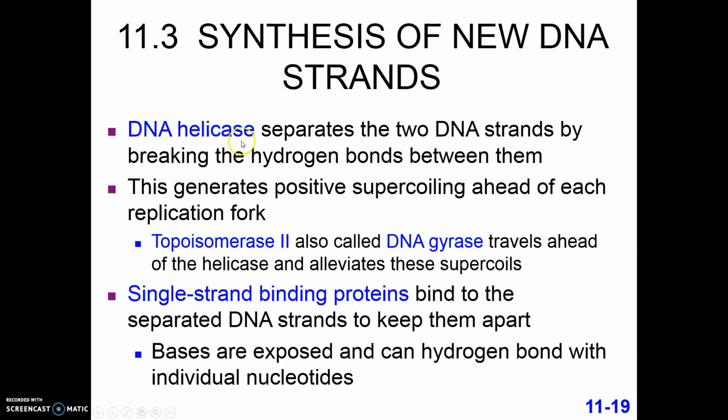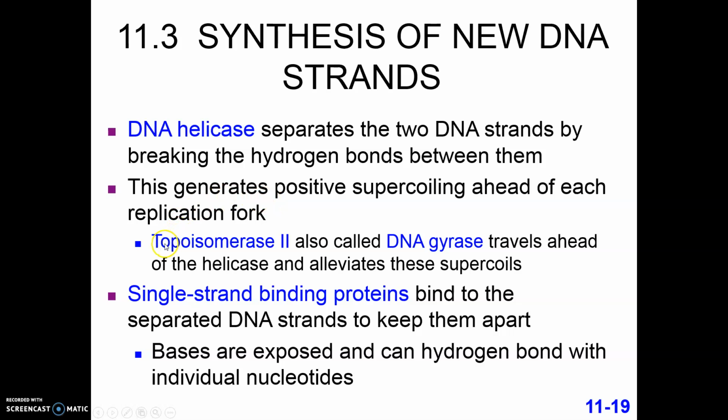As you pull the two strands apart, this is going to cause the helix to unwind. So this generates positive supercoiling ahead of each replication fork. This is going to be a problem in the long term.